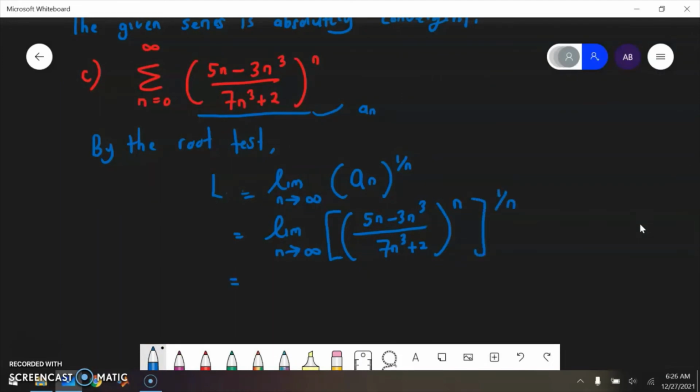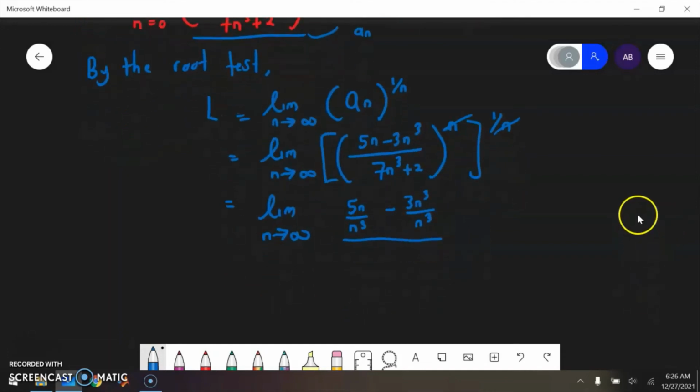It is very easy to see that the n power term cancels out. Then you divide by the highest power, which is at the denominator, n cubed. So I have 5n over n cubed minus 3n cubed over n cubed, over 7n cubed over n cubed plus 2 over n cubed.